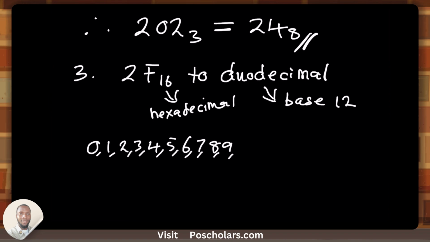Instead of writing 10, you just write A, B, C, D, E, F, and you stop there. Then take note, this 0, if you add it to the F, everything becomes 16, right? So this is how to count in base 16, where A represents 10, B represents 11, and so on.